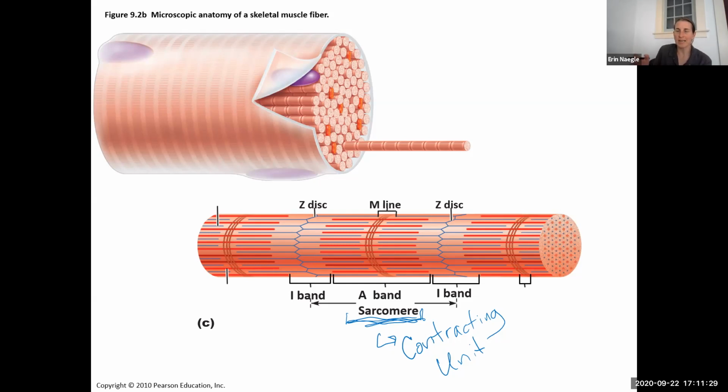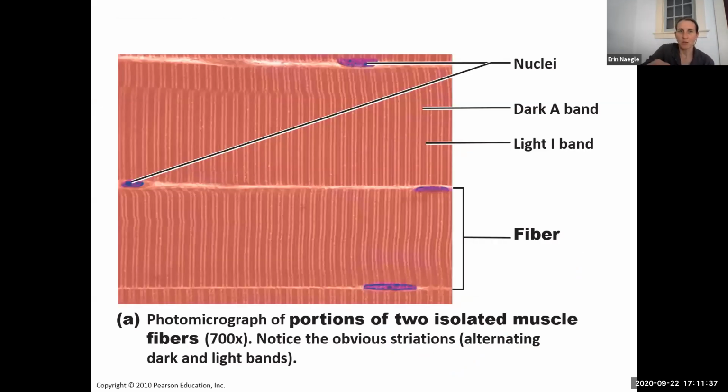And these are stacked end to end all along the length of the muscle. So when you look at something like this, each one of those little double stripies, you're looking at a bunch of sarcomeres going end to end, end to end, end to end, all the way along the length of the muscle.